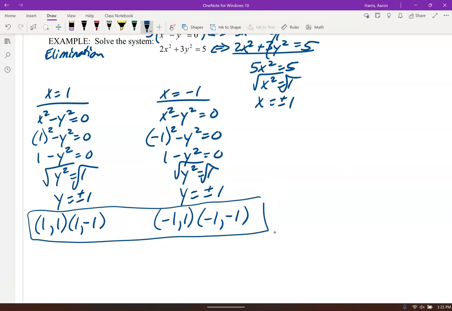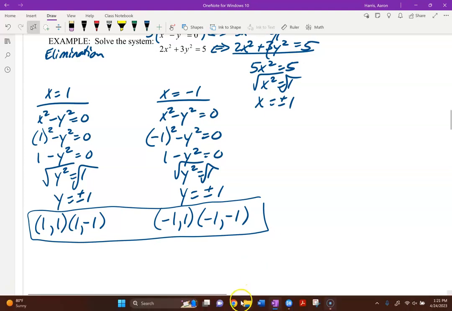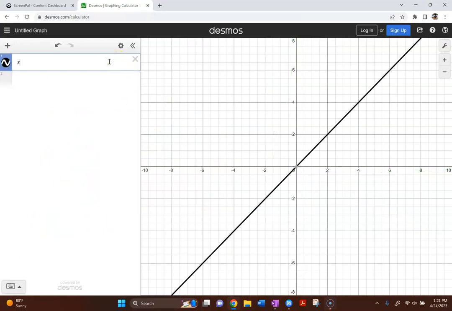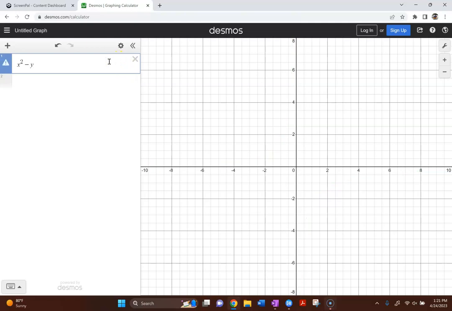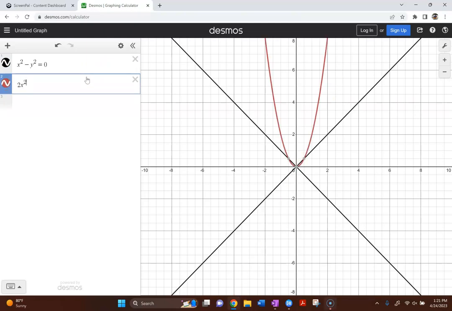Let's take a look at the graph of this. So I have x squared minus y squared equals 0. And the next one I had 2x squared plus 3y squared equals 5.